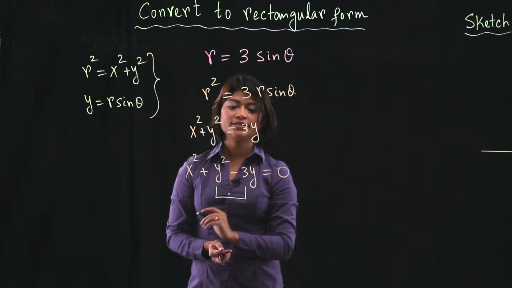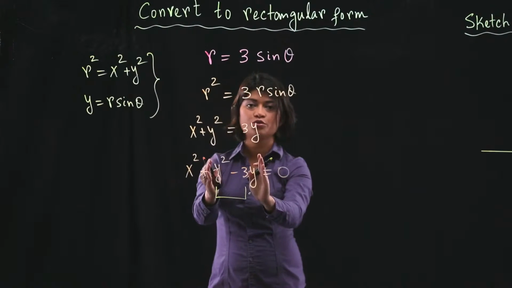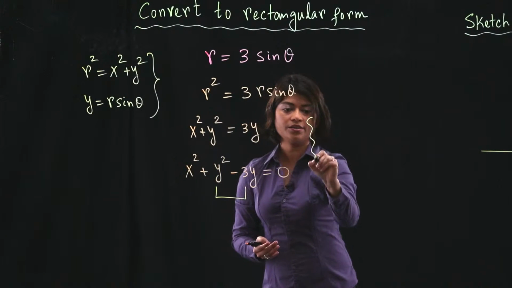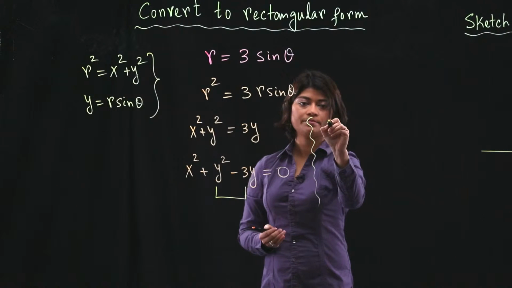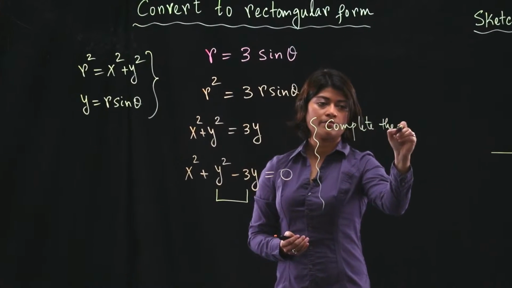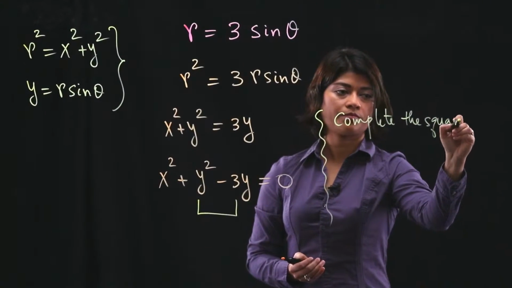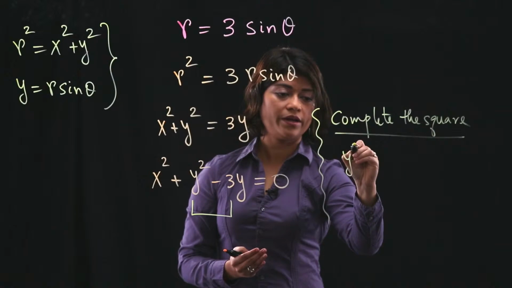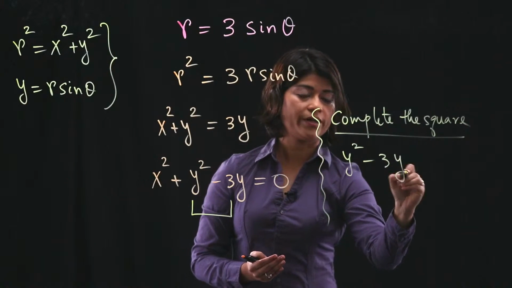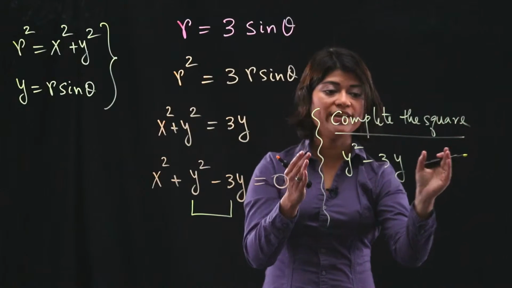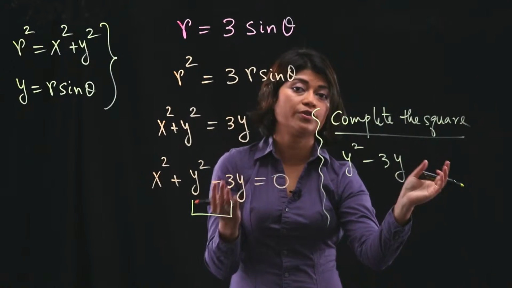We have to complete the square from these two terms, y squared and y term. So let me quickly remind you how to do that. Complete the square. So you take the two terms, y squared minus 3y. In order for it to be a complete square, we need a third term, which we don't have.